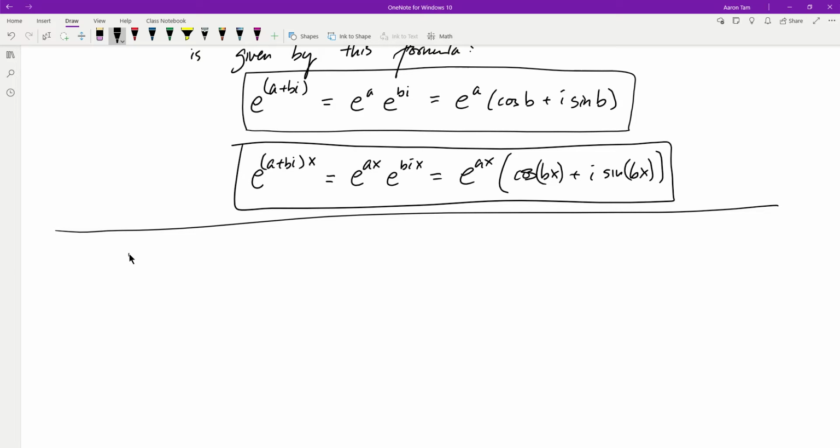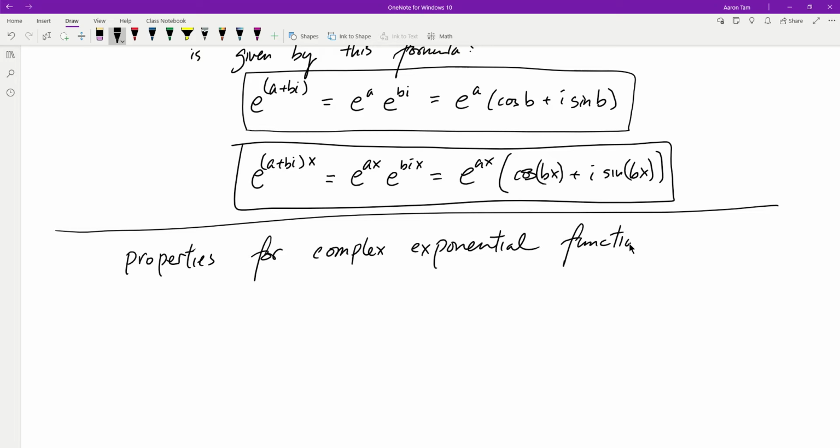Properties for the complex exponential function. So defining e to the ix equal to cosine x plus i sine x has a lot of advantages that we want to explore.